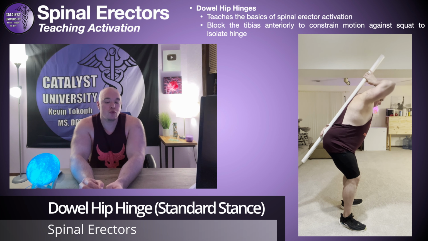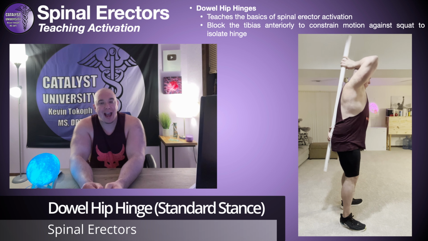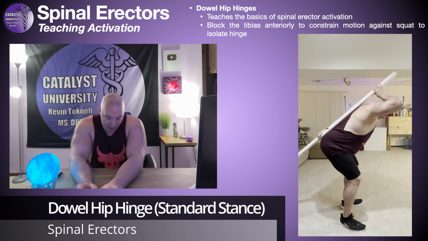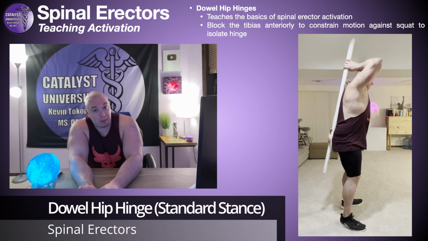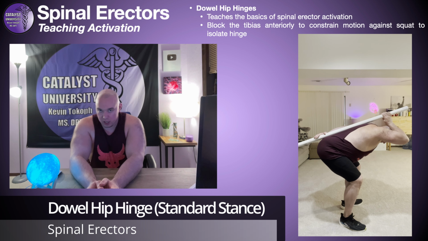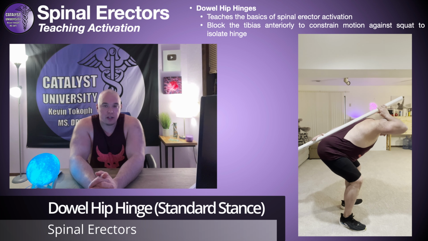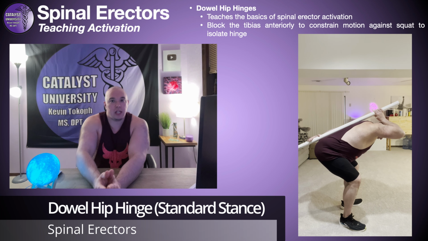So in order to keep those 2 points of contact, your spinal erectors have to engage, and they have to engage well to be able to go through that entire hip hinge range of motion without the stick or rod or dowel coming off of the back. If you can do 15 of those pretty well, you're probably pretty good at hip hinging, and you can probably default to some of the other exercises we're going to see in just a minute.